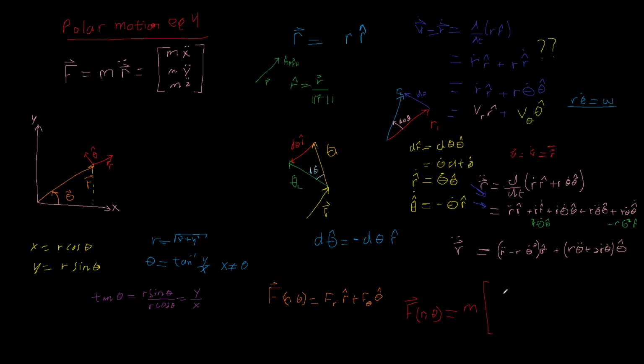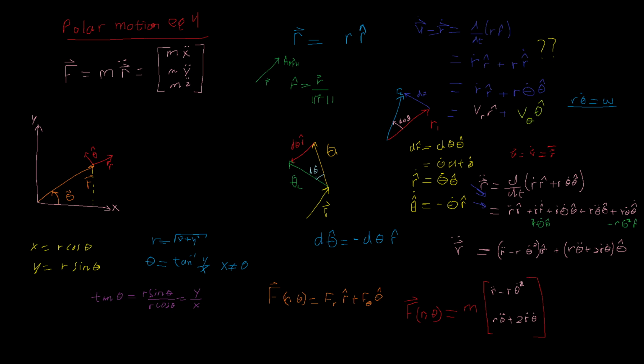This is a vector function, remember, and inside we have r double dot minus r theta dot squared, and then r theta double dot plus 2 r dot theta dot. Right, and so this is our expression for the equation of motion in polar coordinates.